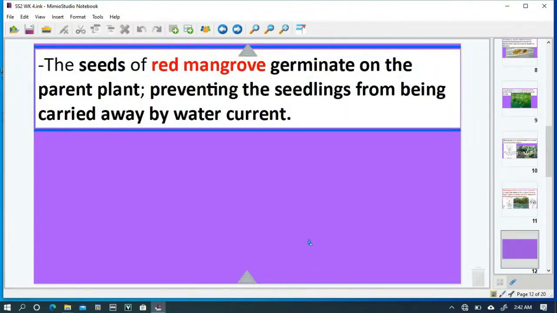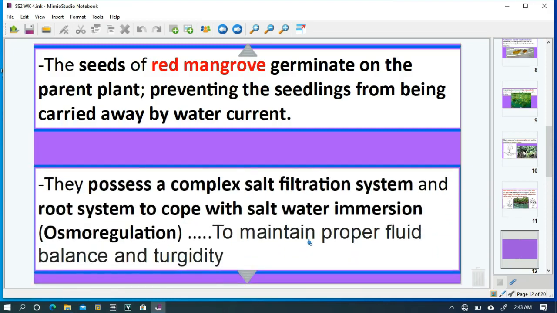The red mangrove seeds germinate on the parent plant, preventing the seedlings from being washed away by water currents. And they also possess a complex salt filtration system and root system to cope with salt water immersion, osmoregulation, the ability to maintain their constant internal composition irrespective of their changing environment, so as to maintain proper fluid balance and turgidity.